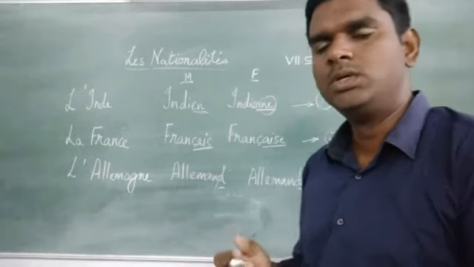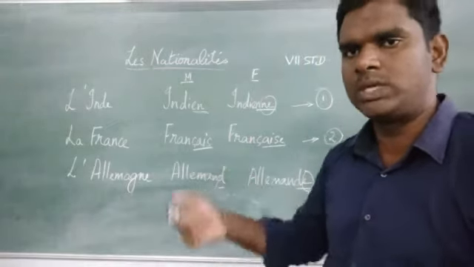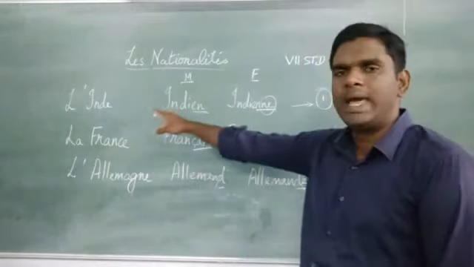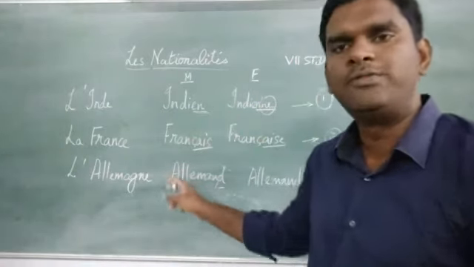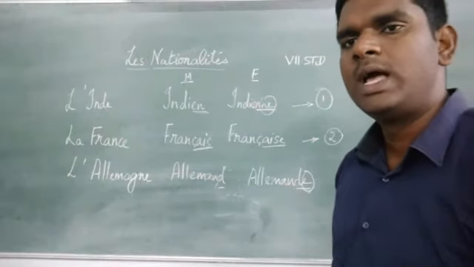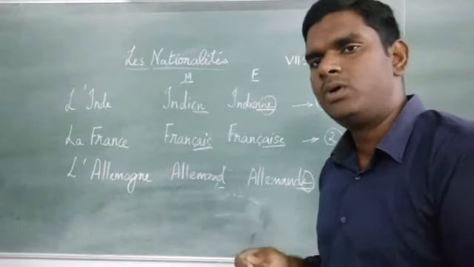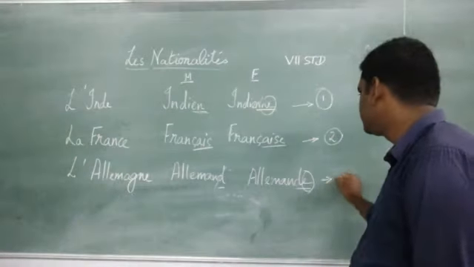Okay, understood? This is type 1, type 2 and type 3. Let me recall once again: l'Inde, indien, indienne. La France, français, française. Allemagne, allemand, allemande. This is type 3.